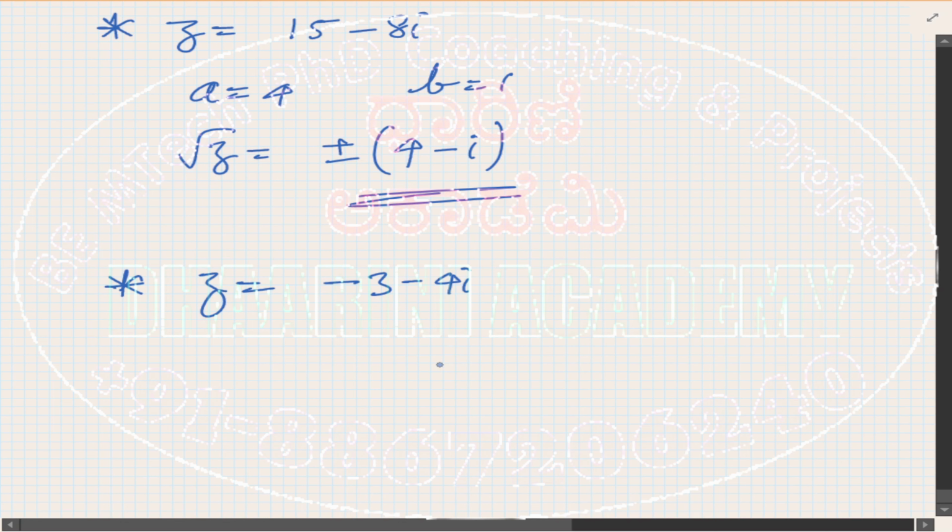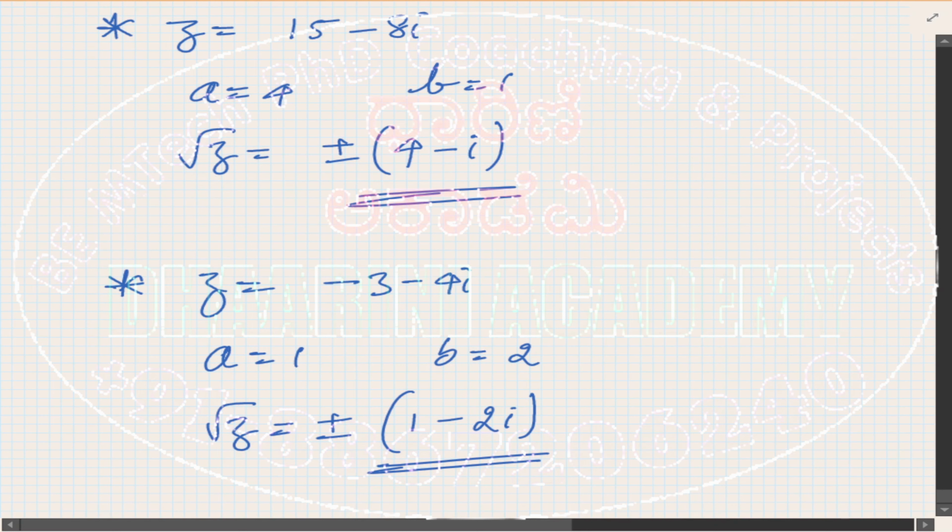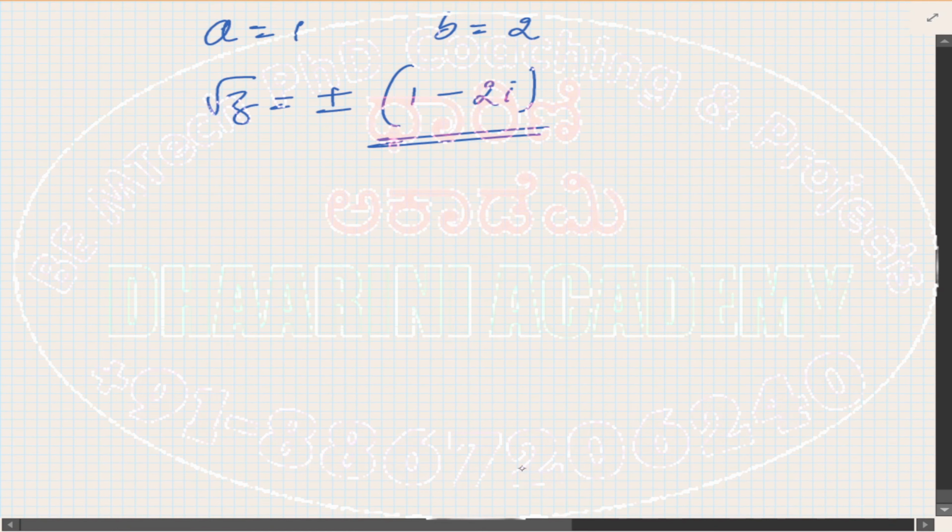A is 1, b is equal to 2. So root z is equal to plus or minus, this is 1 minus 2i, correct. Okay, right. Now let's go to the next level of problems based on the same question.